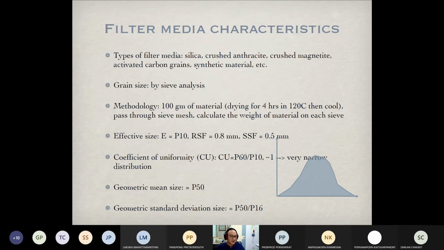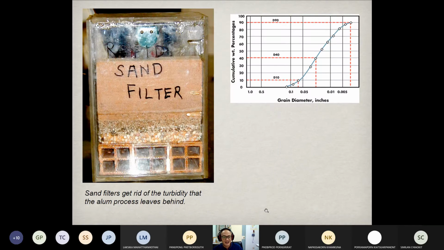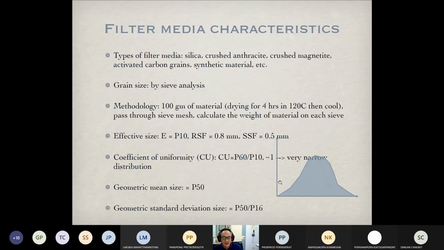I think you all know about this. Geometric standard deviation is equal to P50 divided by P60. If you do the sieve analysis, you will get an accumulative plot like this. Or if you plot the normal distribution, you will also get something like this.